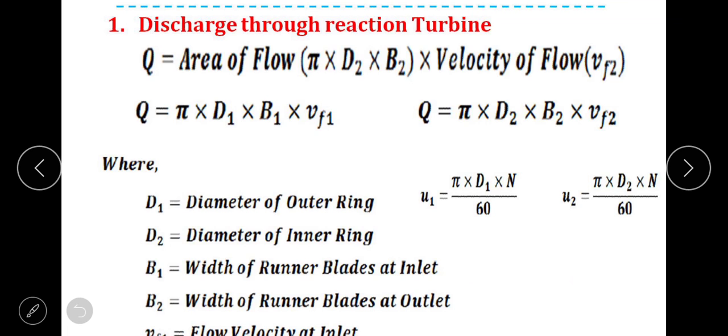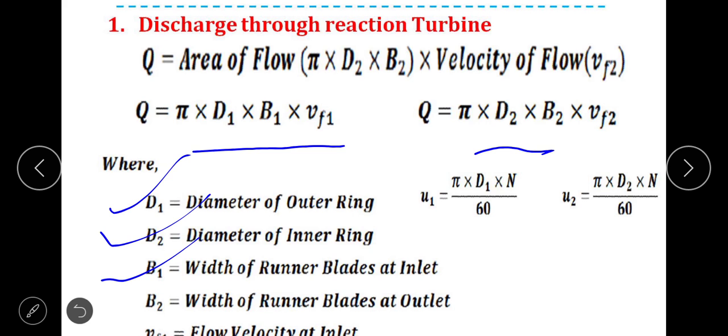Q is equal to pi D1 b1 Vf1 at inlet, and Q is equal to pi D2 b2 into Vf2 at outlet, where D1 is the diameter of outer ring, D2 is the diameter of inner ring, b1 is the width of runner blades at inlet, b2 is the width of runner blades at outlet, Vf1 is the velocity of flow at inlet, Vf2 velocity of flow at outlet.